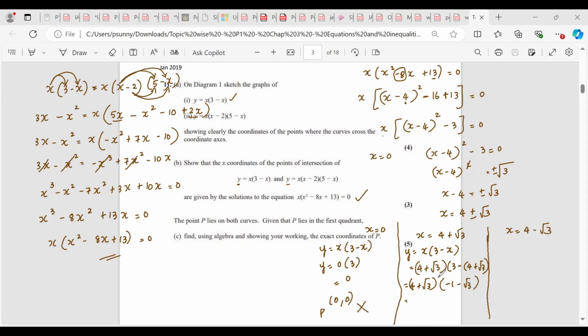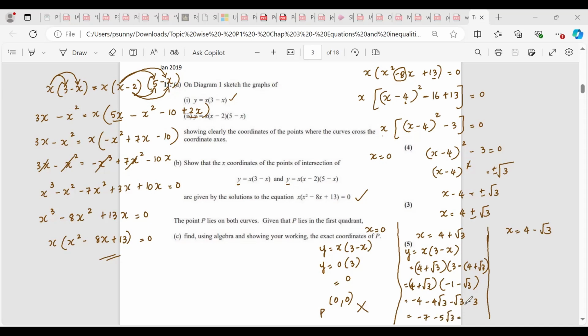So we multiply: 4 into minus 1 is minus 4, 4 into minus root 3 is minus 4 root 3, root 3 into minus 1 is minus root 3, root 3 into minus root 3 is minus 3. This will give you minus 4 minus 3, that is minus 7, and minus 4 root 3 minus root 3 is minus 5 root 3.